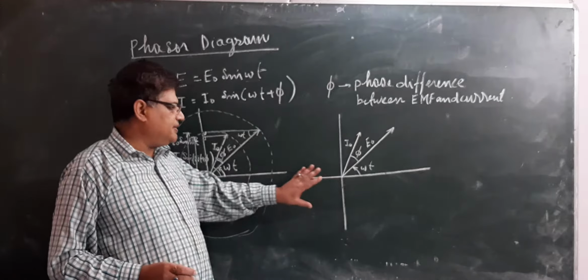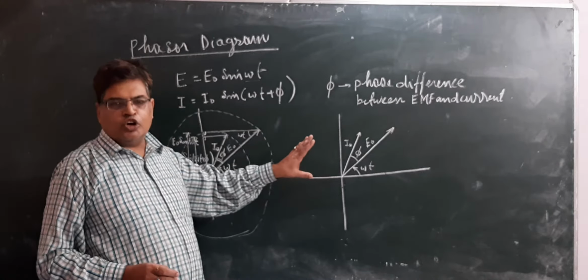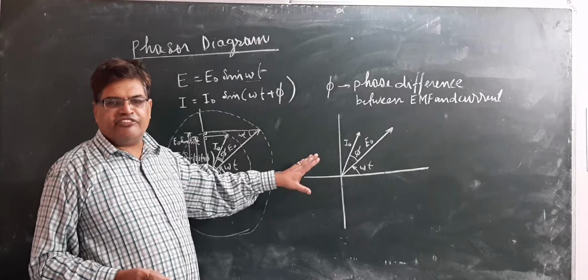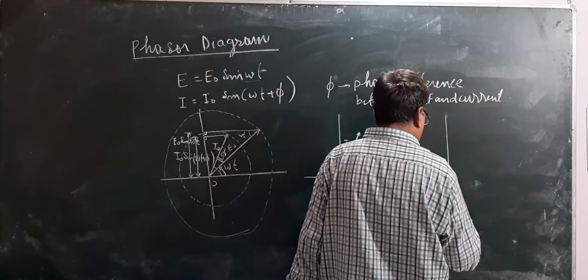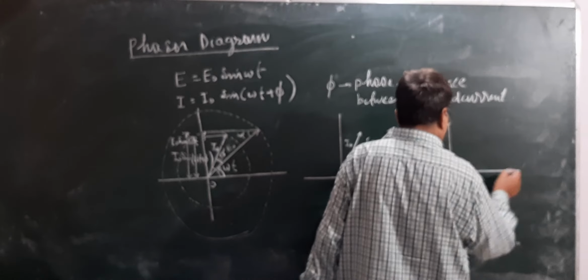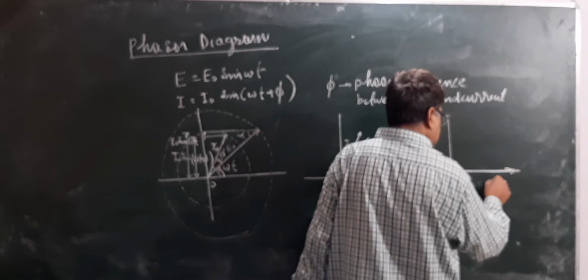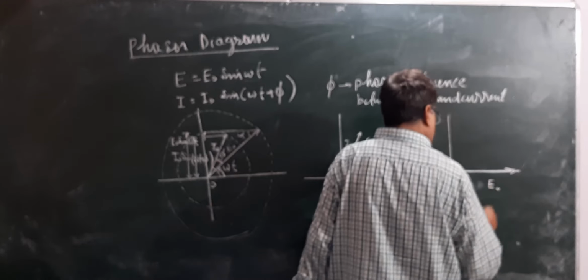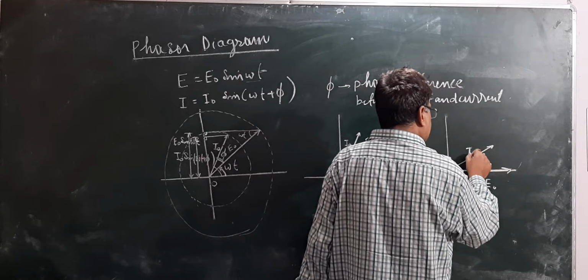Suppose we have to simply represent EMF and the current, showing only the phase difference between EMF and the current. We can draw this way also. So suppose here we plot E naught. Then in that case we'll draw here I naught.